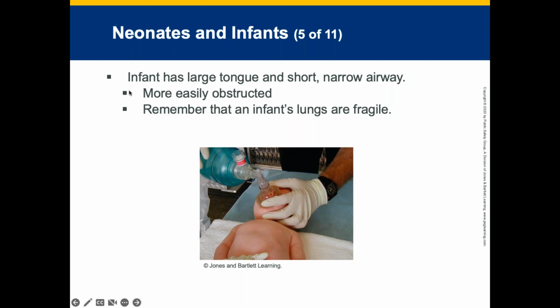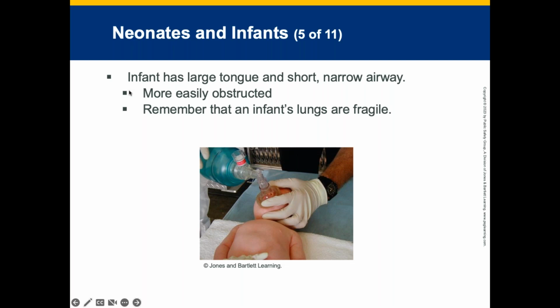So think about when you're doing hyperflexion, right? You lay the baby down, shoulders hit the floor, right? And what is the head going to do? It's going to push forward, causing that more flexible trachea to collapse. One of the things that's not fully developed in the trachea of a pediatric or infant is the cartilaginous rings that make that support.